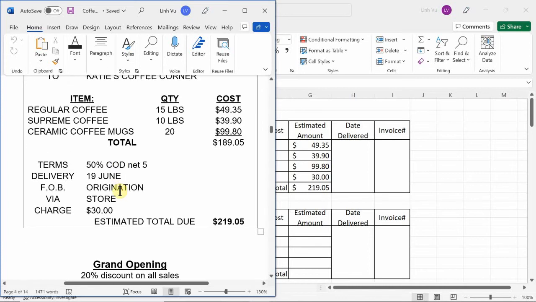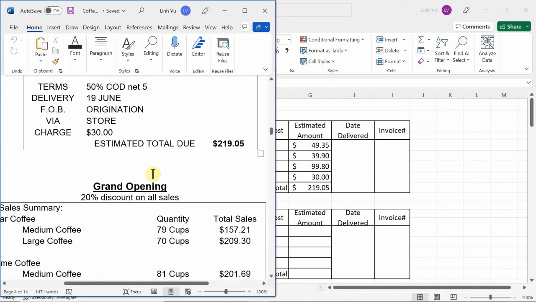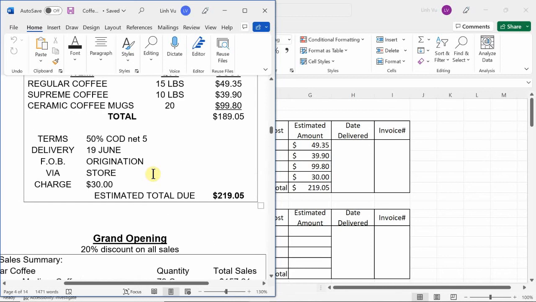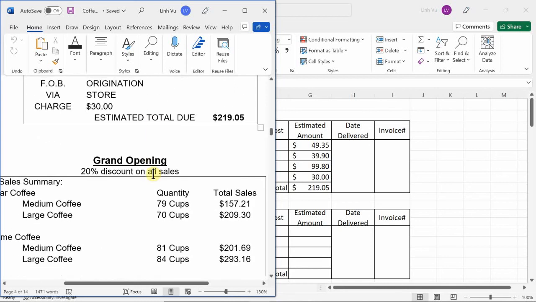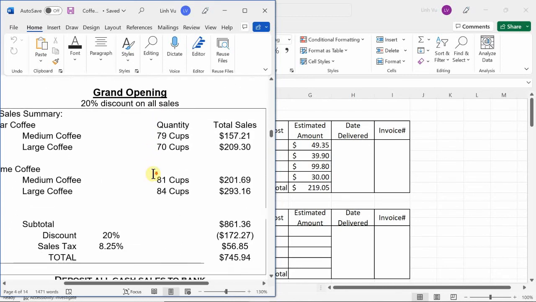So no transaction was done yet. We just filled out a sales order, and the day that we send it out will be the day that we record it.